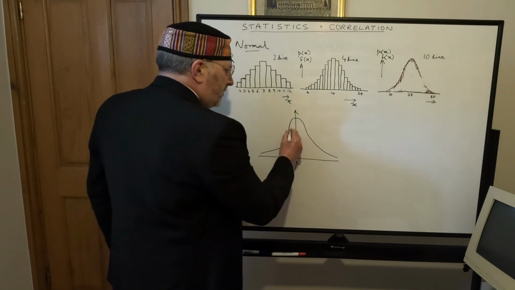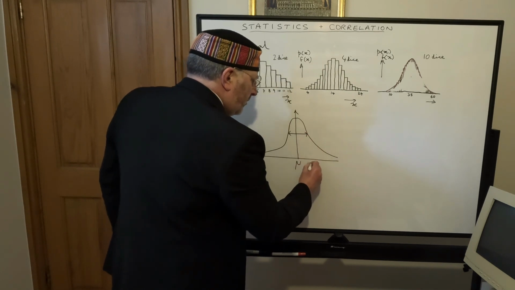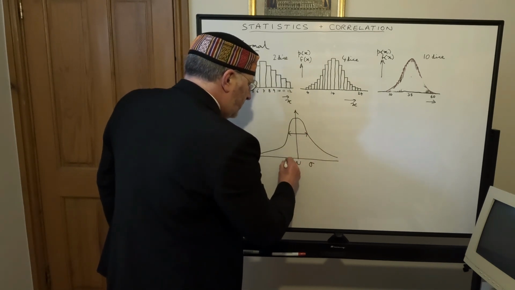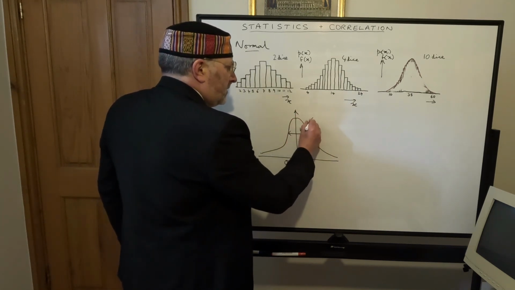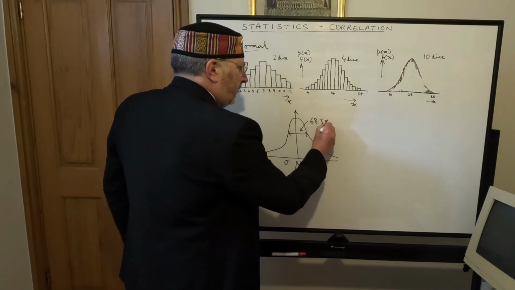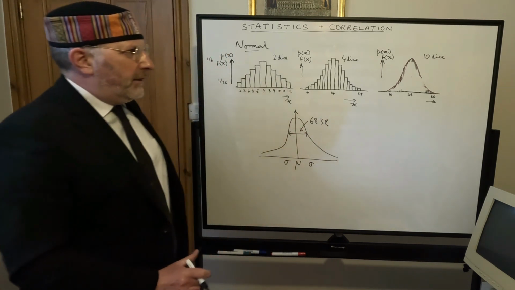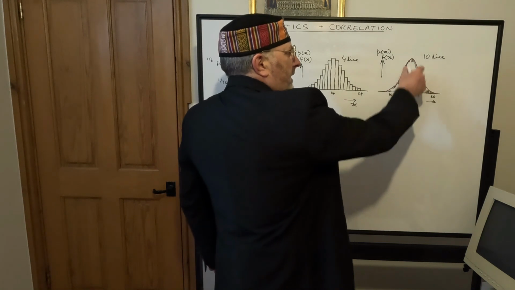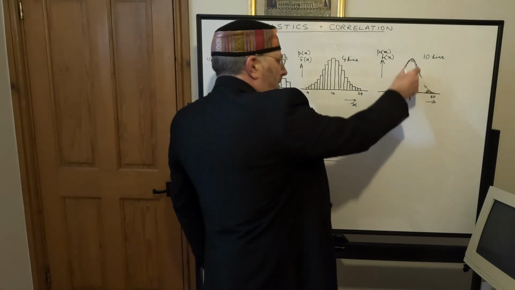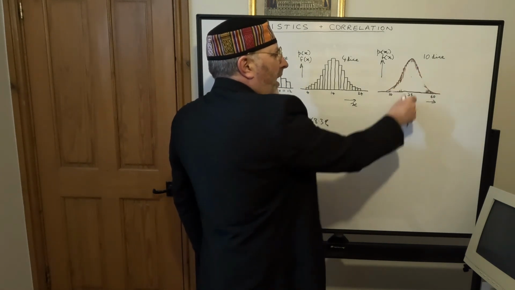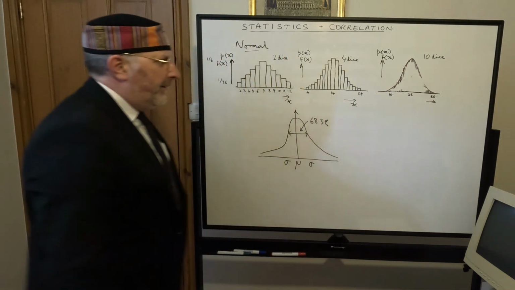And what we find with the normal distribution is that if we go within 1 standard deviation on either side of the mean, it turns out that 68.3% of the values will lie within 1 standard deviation. So in this case, it's with 10 dice, so it's only going to be approximately a normal distribution, but 68.3% of the times we will get a score within 1 standard deviation of 35, the mean.